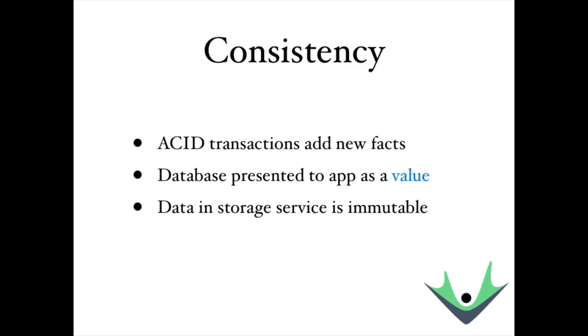Consistency is really important. As we saw before, the transactor ensures that when you have change or novelty, that's done with traditional ACID transactions. So when you add new facts, you have transactions covering the consistency. But consistency is also important for the decision-making side of your application, both for reads and for queries.